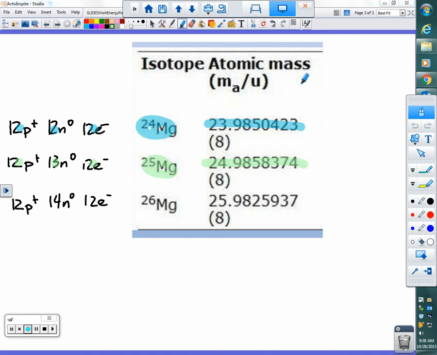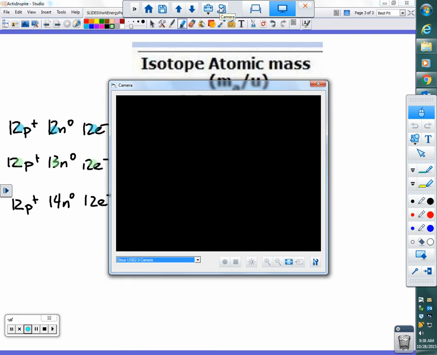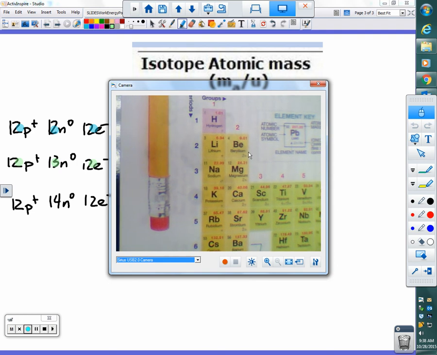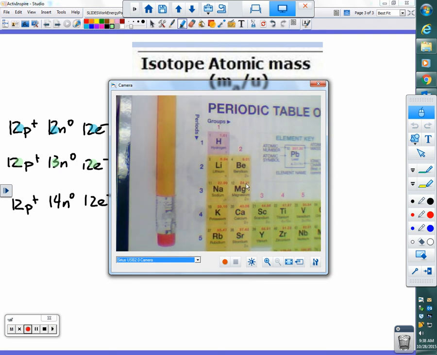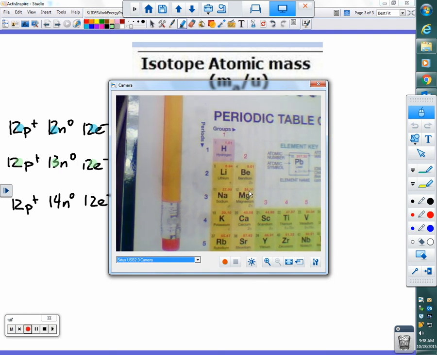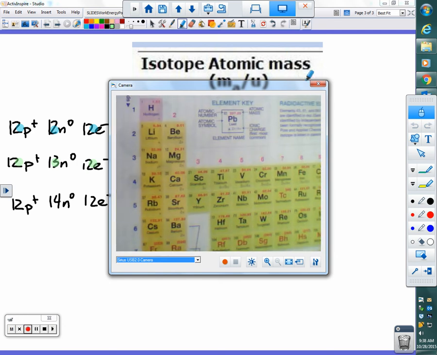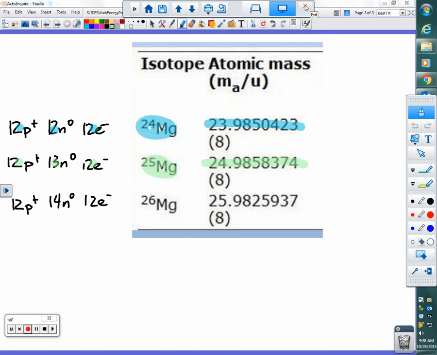No. So what is this number on the periodic table? If none of the isotopes are 24.31, but this is listing 24.31, what does it mean? It's an average.